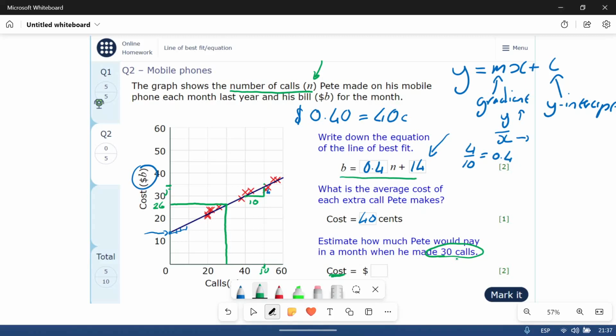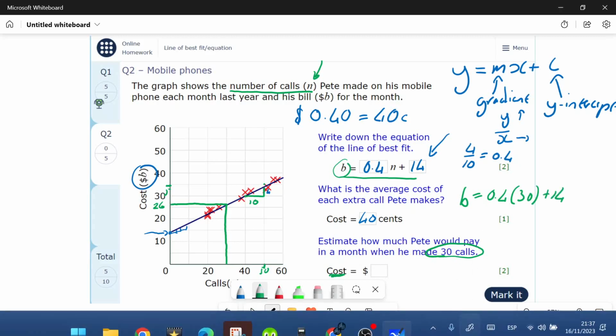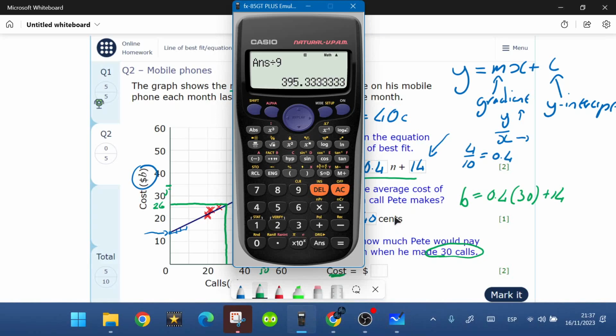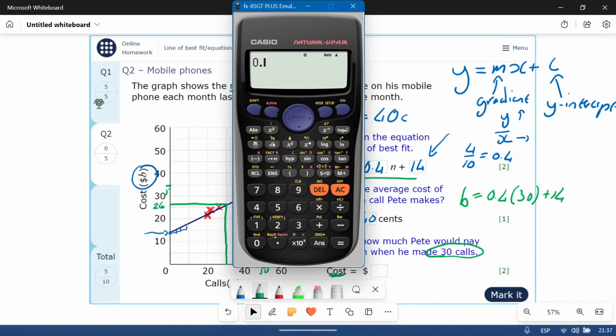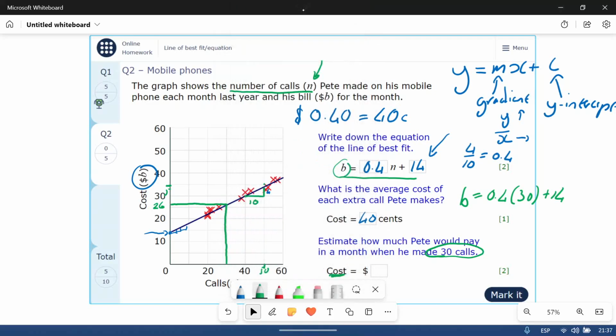So if we want to know what the bill, B, is, how much you would pay, we use our equation: 0.4 times 30 calls, because that's the number of calls, plus 14. That way we can work out exactly what it is. So 0.4 times 30 plus 14 is 26. My guess was pretty spot on then.